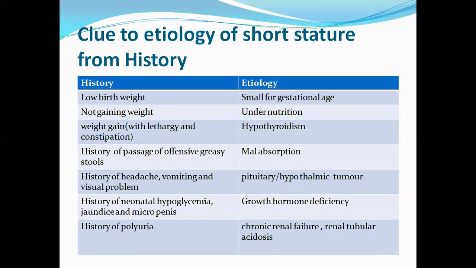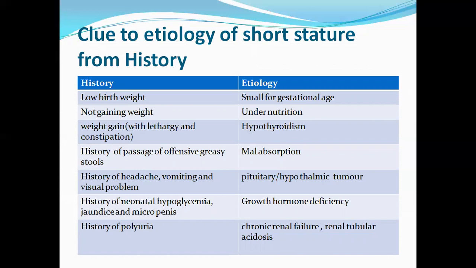Now, if the baby is LBW, then maybe he is small for gestational age. Not gaining weight suggests undernutrition. Weight gain with lethargy and constipation: maybe he is lethargic and constipated, and there is weight gain.